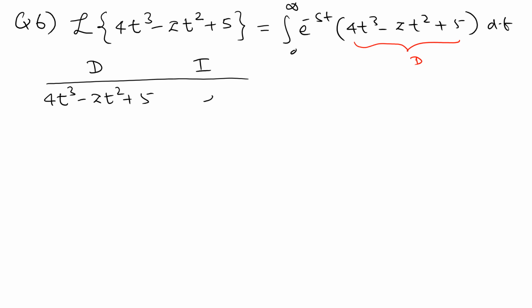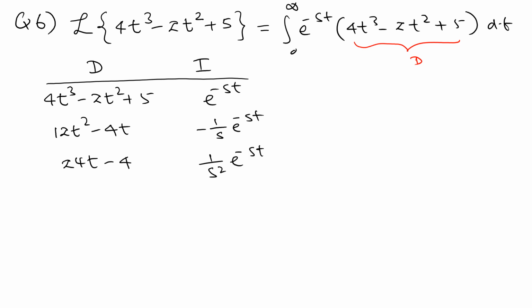And the other term is e to the negative st. Take the derivative of the first one, which is 12t squared minus 4t, and if you integrate, you get negative 1 over s e to the minus st. Again take the derivative, you get 24t minus 4, and if you integrate, you get 1 over s squared e to the minus st, because you're dividing by another negative s, so the sign switches.